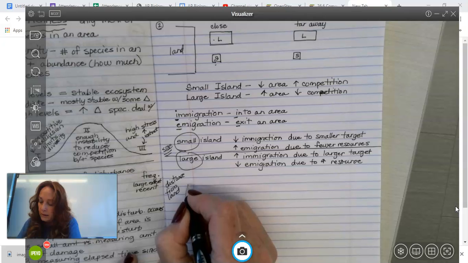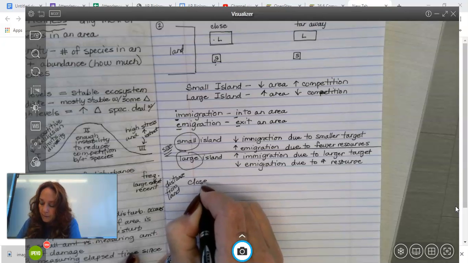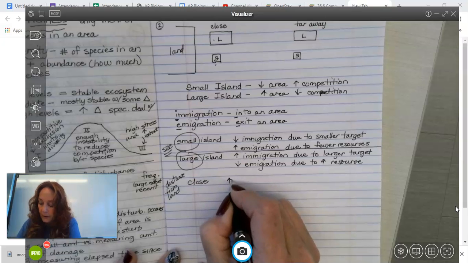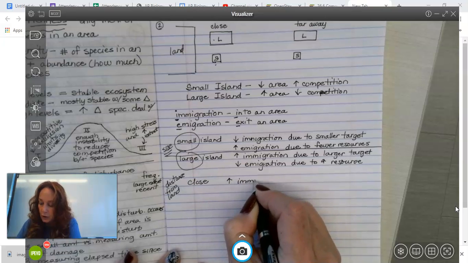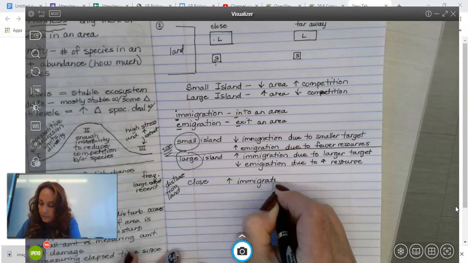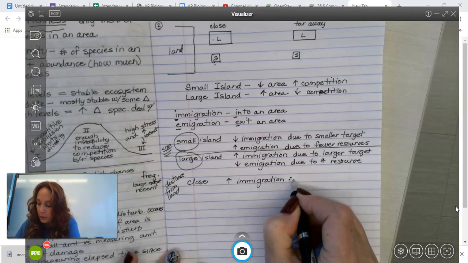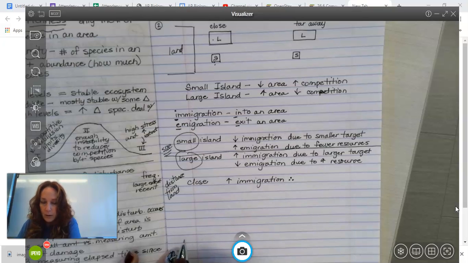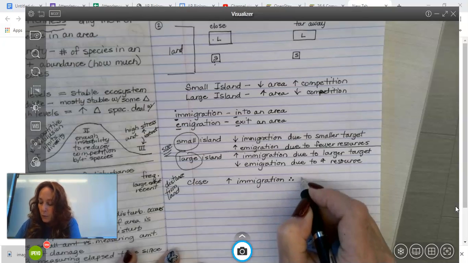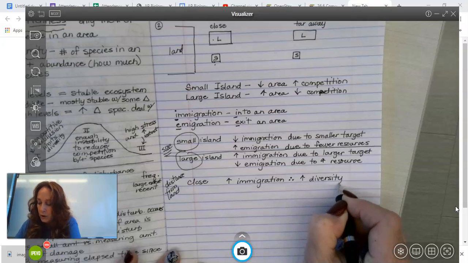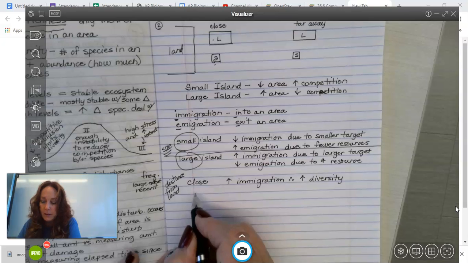So now let's do close. So a close island would have higher immigration, which would mean that, and I'm going to put 3 little dots, that means therefore in math. So therefore, you'd have higher diversity, because a whole bunch of different things could have come on there because it's close.